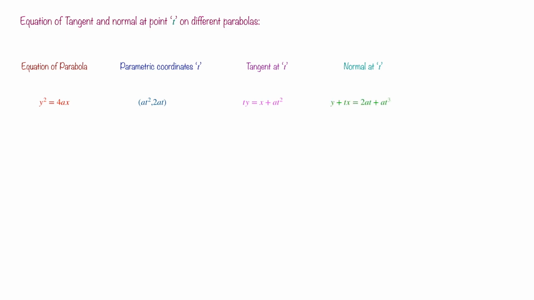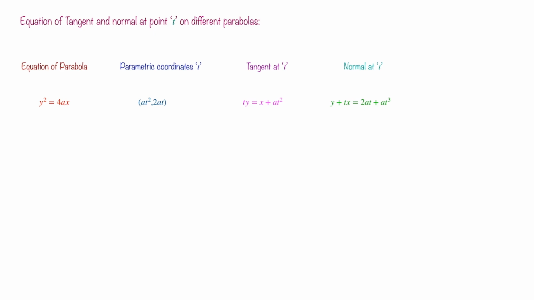Now I am going to list out equations of tangent and normal at a point t for all standard form equations of the parabola. The first equation that we take is y square equal to 4ax. At a point t means at a point at square comma 2at, because the parametric form for this parabola is at square comma 2at.